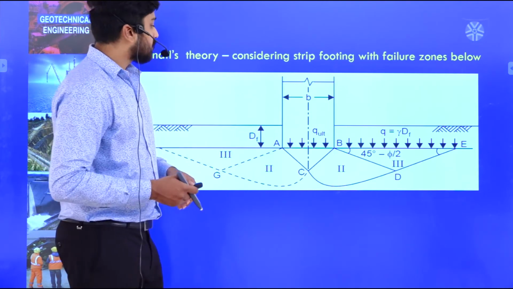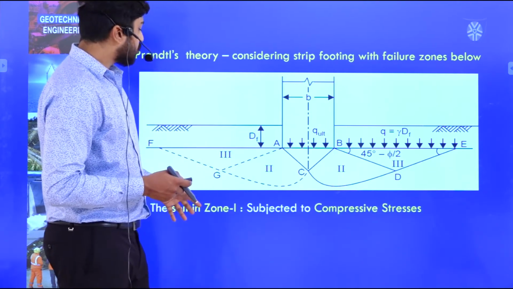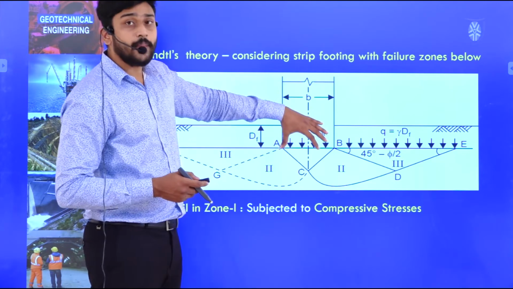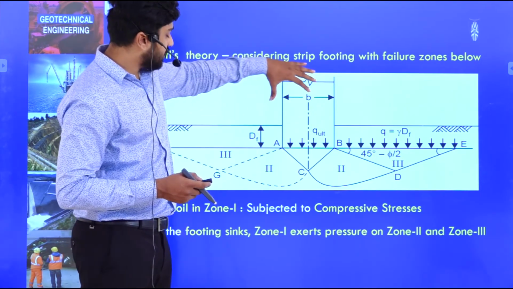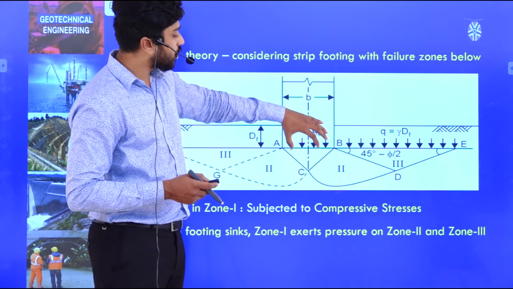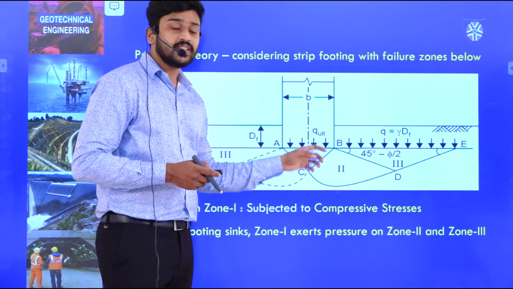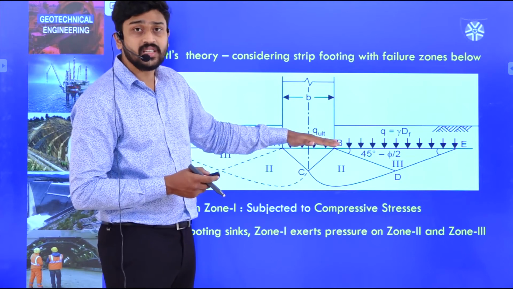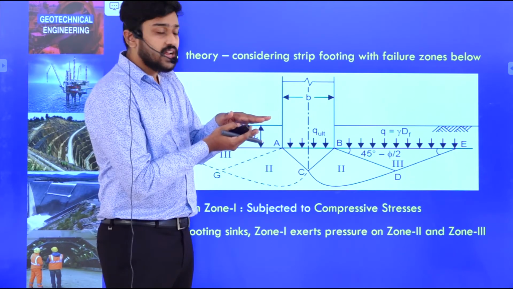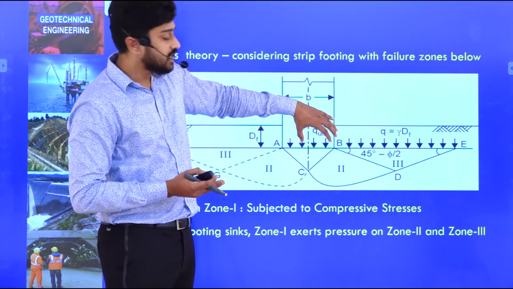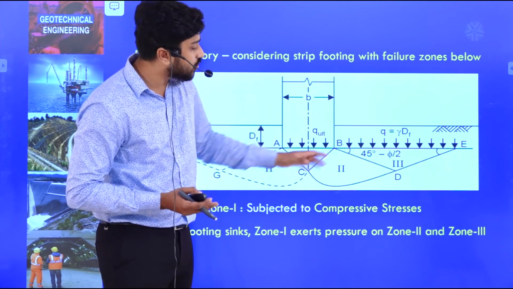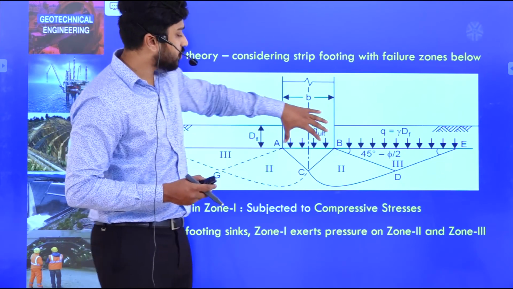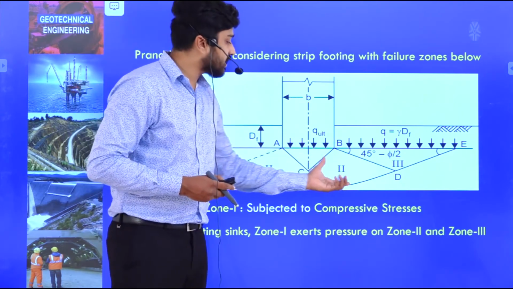As I have stated, zone 1 is completely based on the compressive stress. As the foundation sinks down, zone 1 present here, since it is a rough base, is attached, and so the maximum compressive load is taken as a single unit, and it is now trying to displace zone 2.